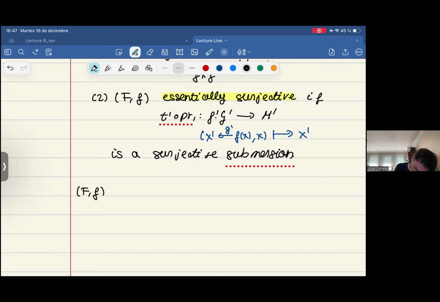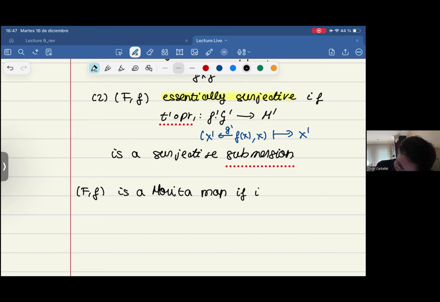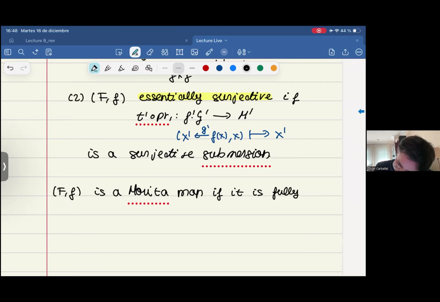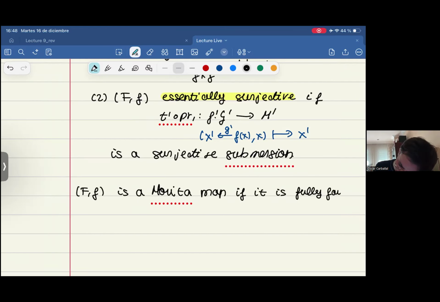So a morphism of Lie groupoids is a Morita map if it is fully faithful and essentially surjective.